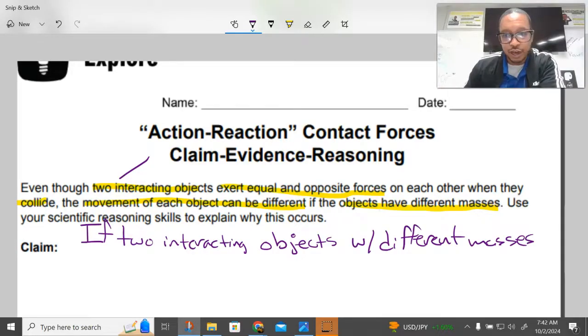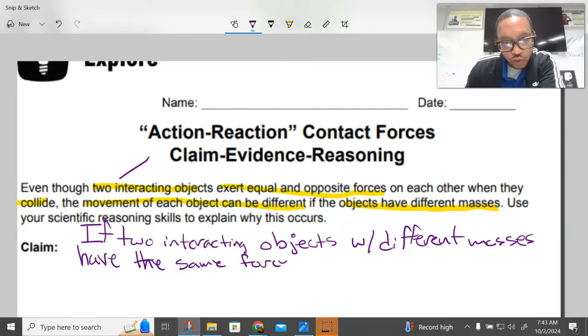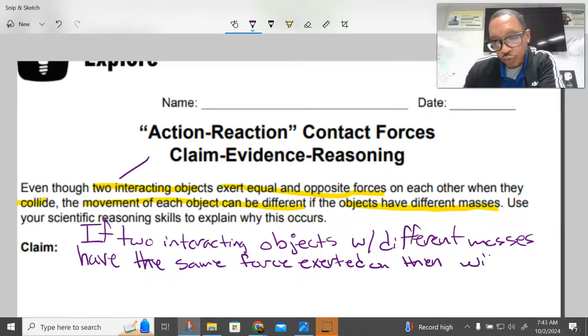So if two interacting objects with different masses have, and remember this is the question, not the claim, the same force exerted on them, will, and so far we've got this collision, which is really this part about the same forces.